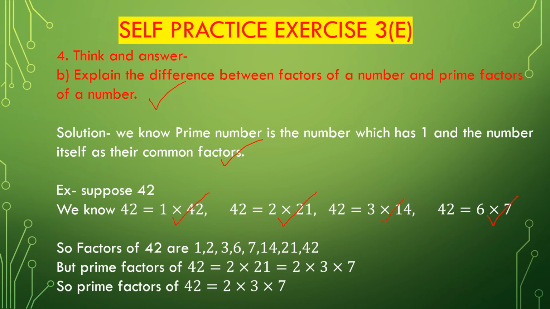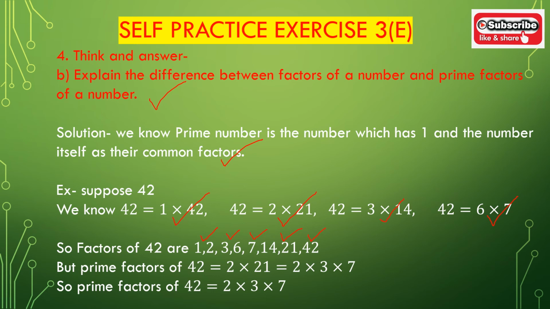So the factors of 42 are 1, 2, 3, 6, 7, 14, 21 and 42.